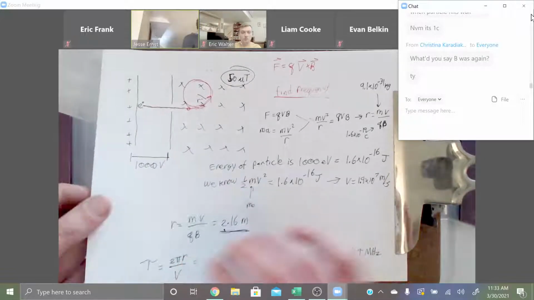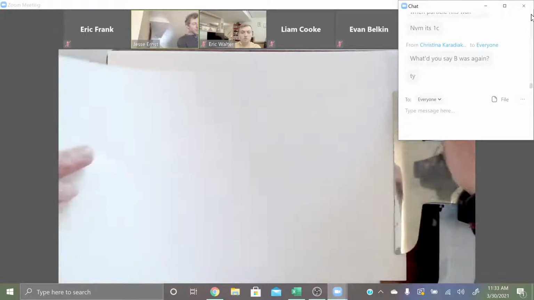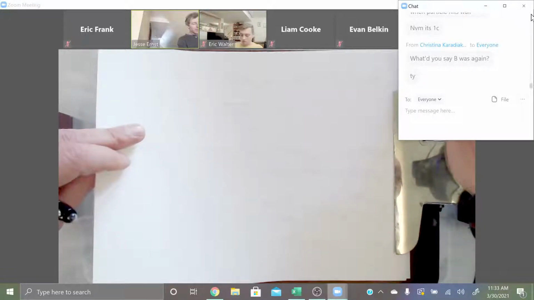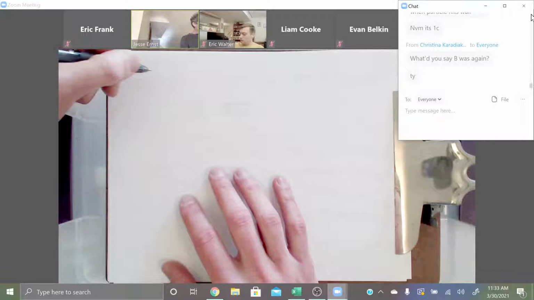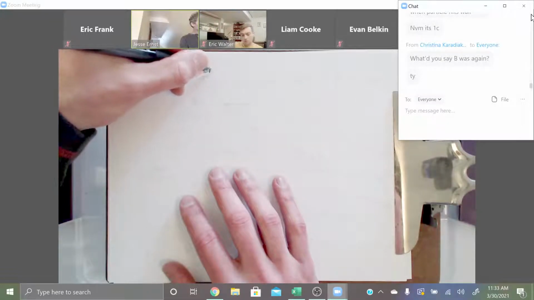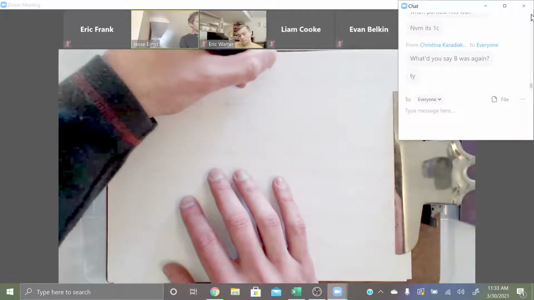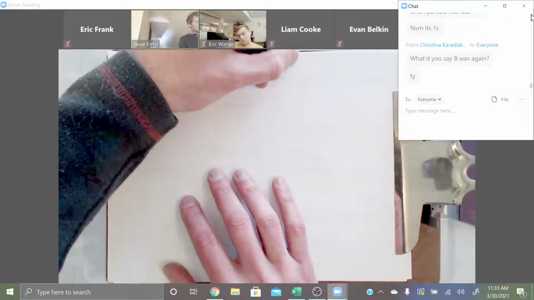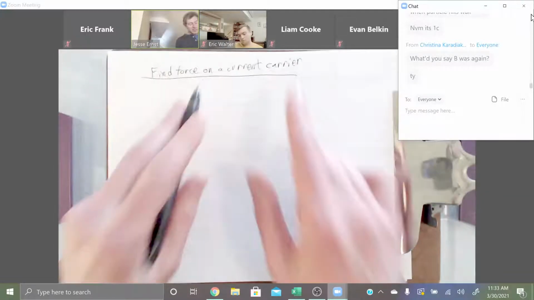The last thing that we do in this chapter is finding the force on current carriers. Basically, the force on a wire carrying a current in a magnetic field.